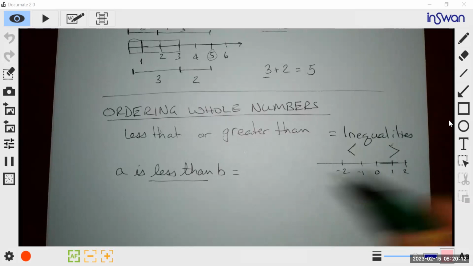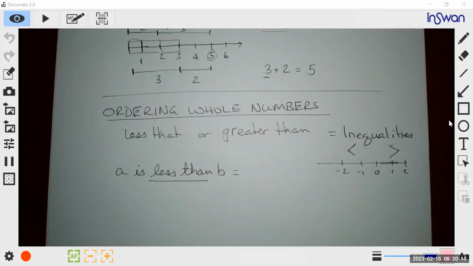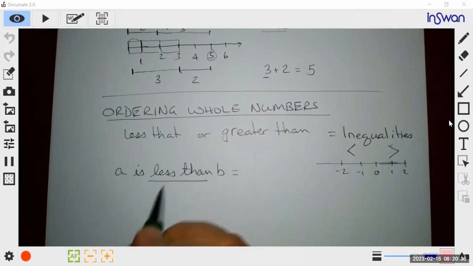Less than points the direction of lesser numbers, smaller numbers. Greater than points to bigger numbers. But we always read left or right. So what symbol do I put here for this one? That symbol.